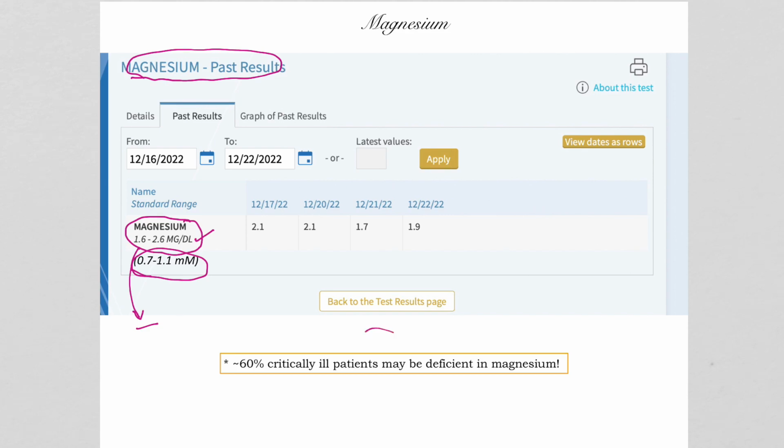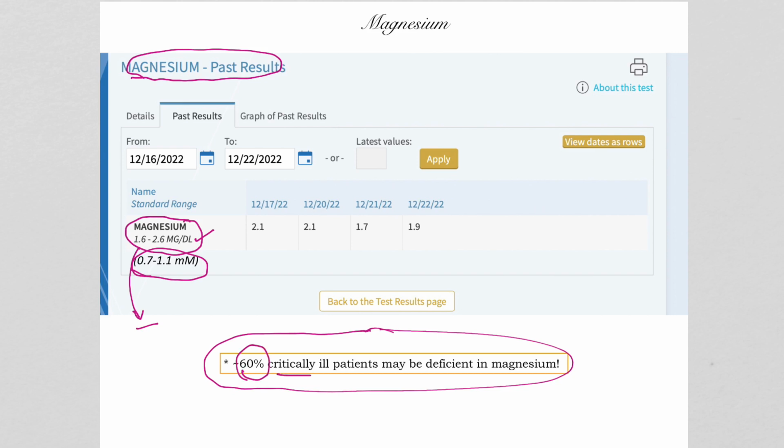It's interesting that there have been reports recently that over 50% of critically ill patients in hospital settings were actually deficient in magnesium.